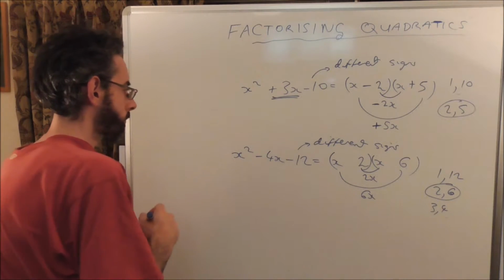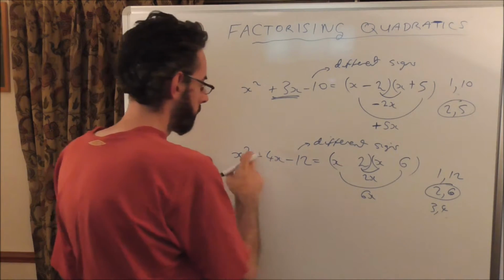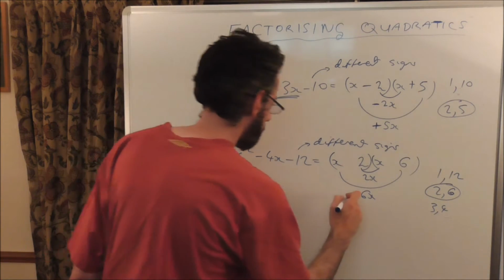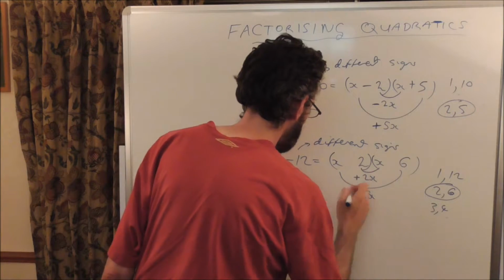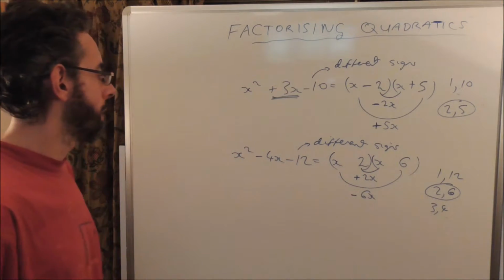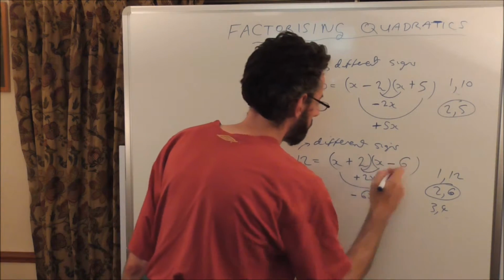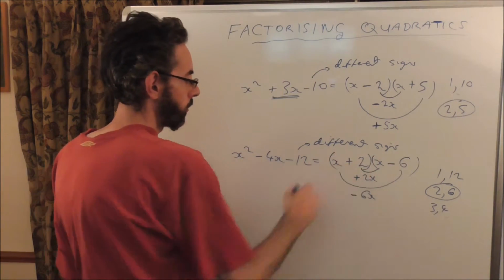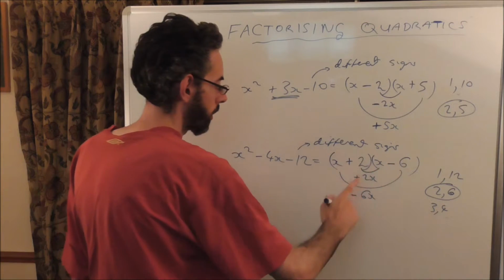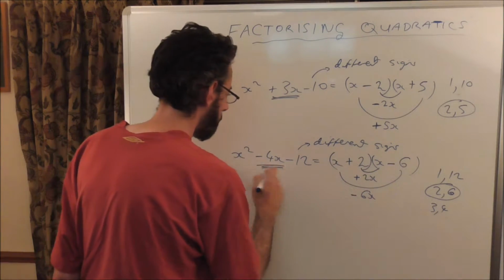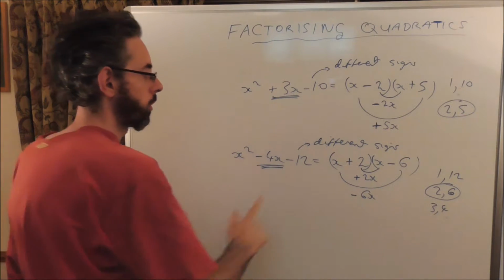Well, we want the total to be negative overall, minus 4x. So this time the bigger one needs to be negative and the smaller one needs to be positive. So it needs to be positive 2 and negative 6. 2 times x is 2x, x times minus 6 is minus 6x, 2x minus 6x is minus 4x. So it works with the signs that way round.